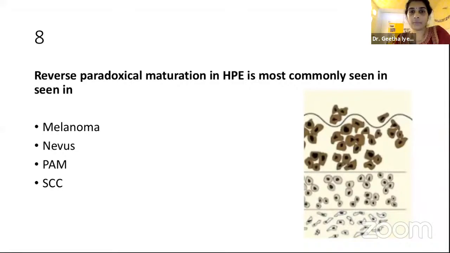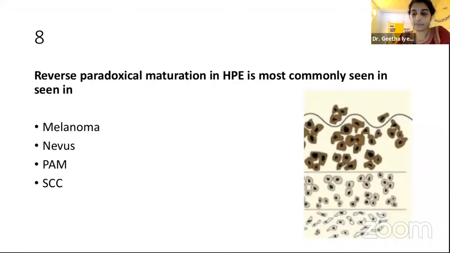So this is a feature which is most commonly seen in nevus, where you have the maturation of cells going downwards towards the subconjunctival tissue, and not a melanoma, it's nevus.